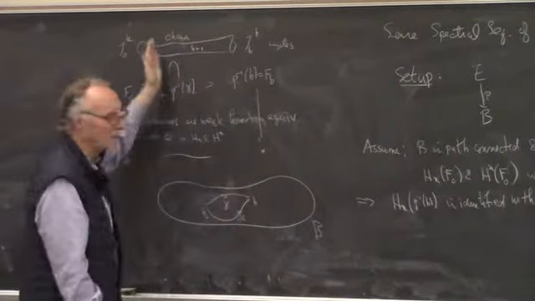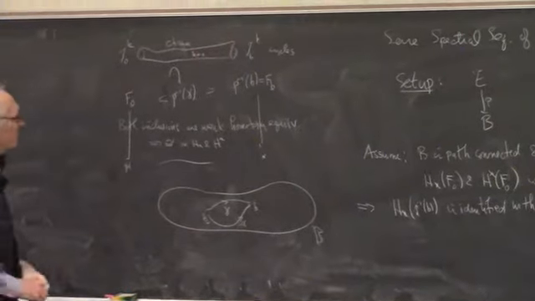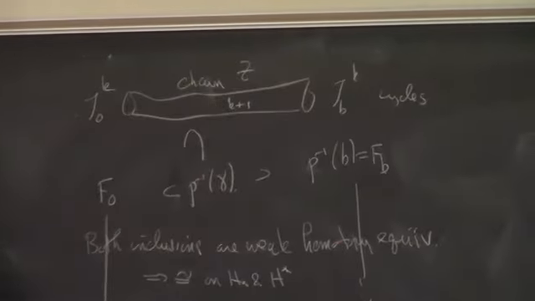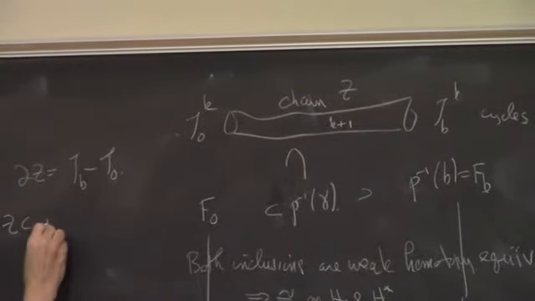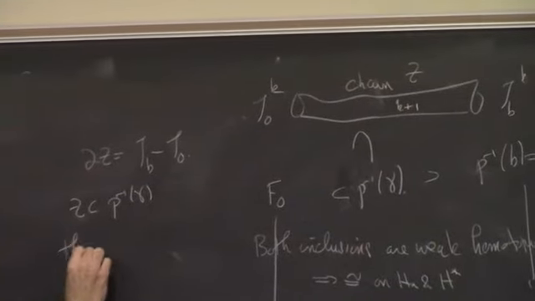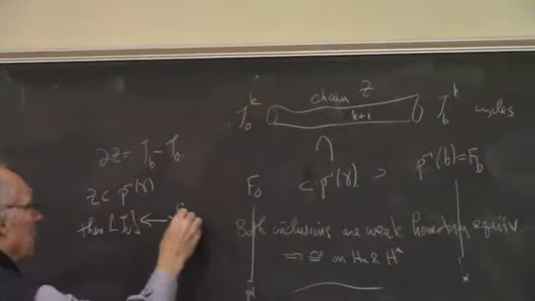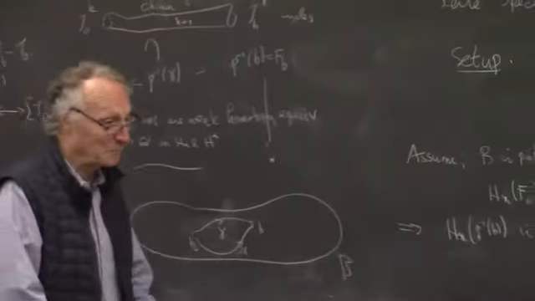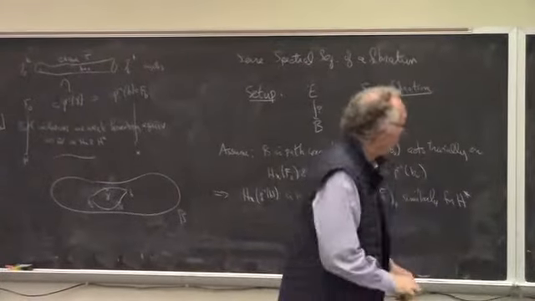So that's another way to think about the equivalence. So if this is a chain Z, and boundary of Z is zeta b minus zeta naught, and Z is in p inverse of gamma, then the homology class of zeta b is identified under this isomorphism with the homology class of zeta naught. Okay. All right. So that's our setup.